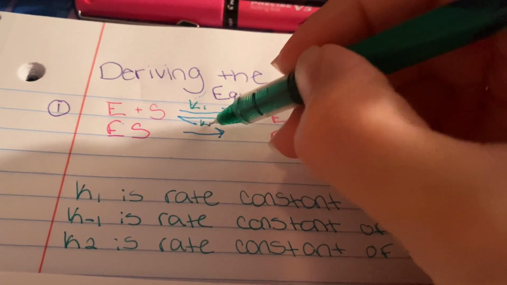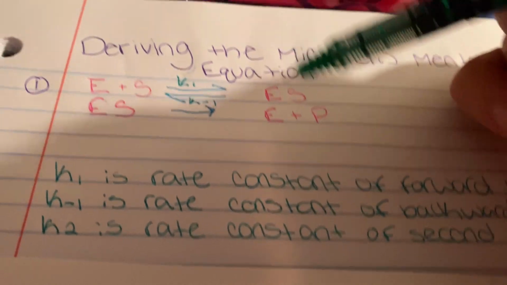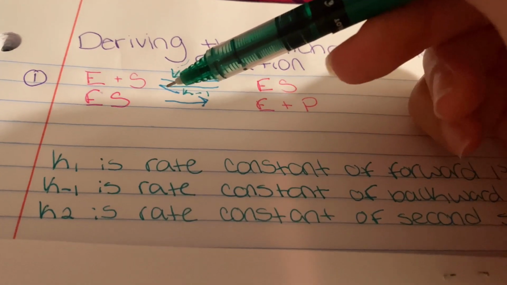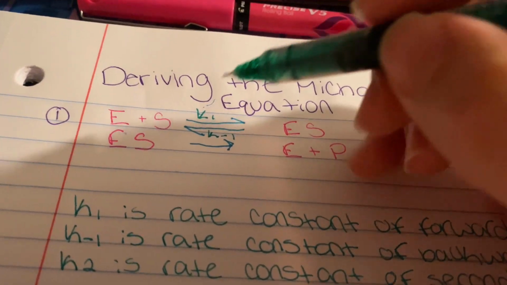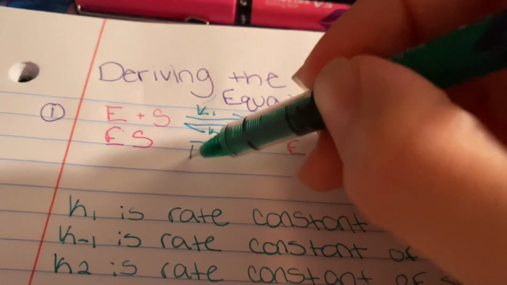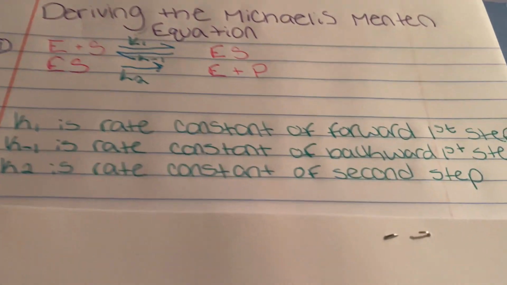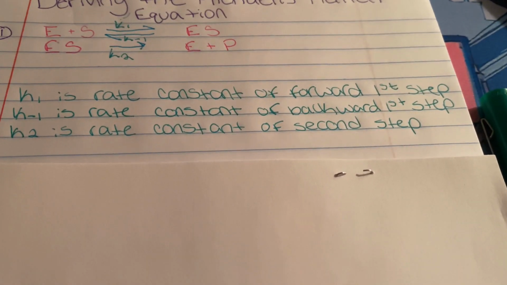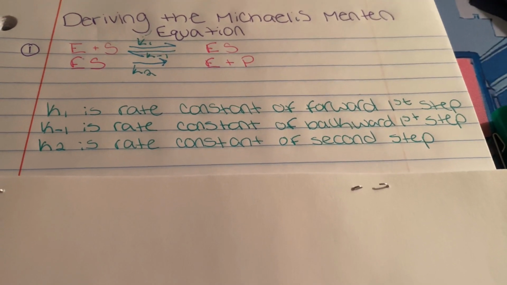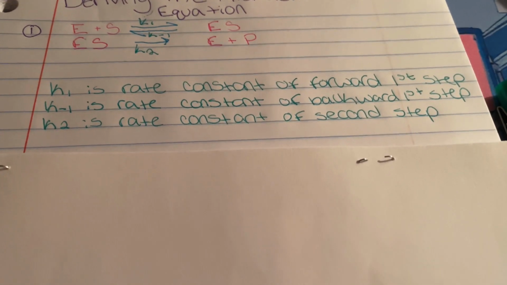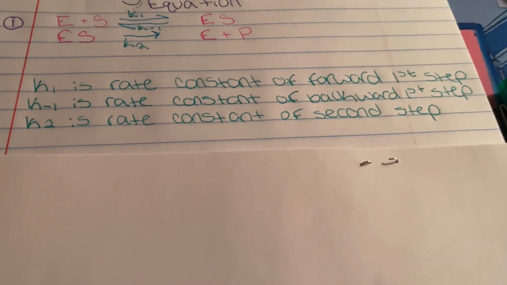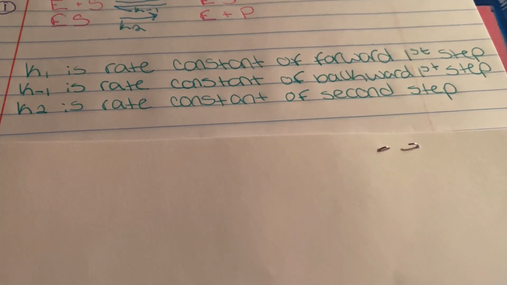Then we have K negative 1, and I think you can understand that it is negative 1 because we are going backwards. And then this one down here is going to be K2. I wrote that K1 is the rate constant of the forward first step, K negative 1 is the rate constant of the backward first step, and K2 is the rate constant of the second step.